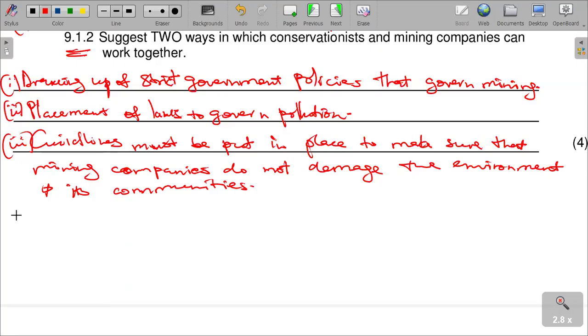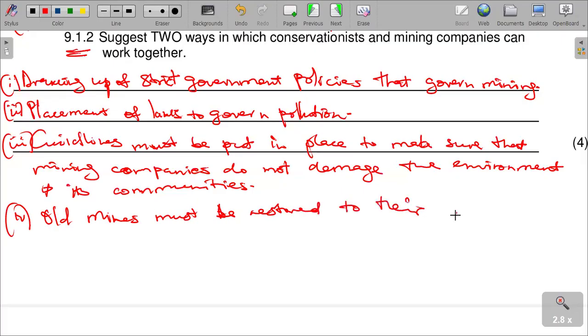Mining reclamation. Old mines must be restored to their original state after mining is done.